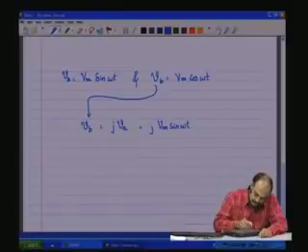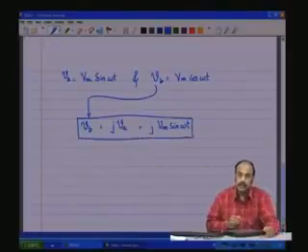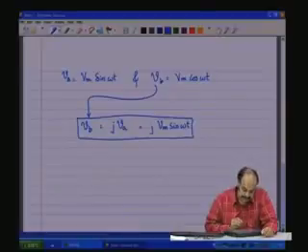This is a useful relationship which you will be using a lot in the sinusoidal steady state analysis.